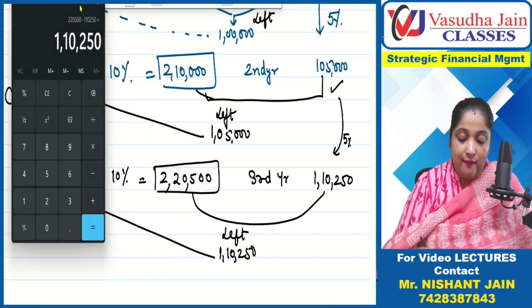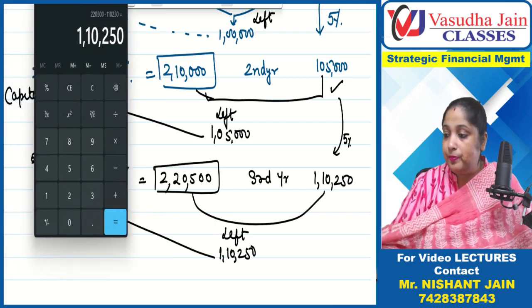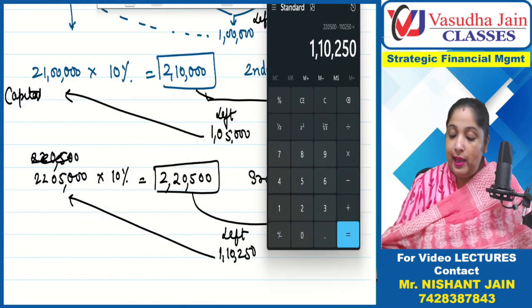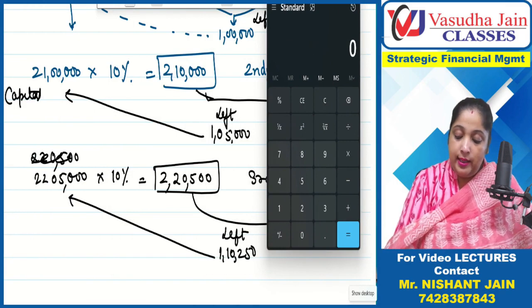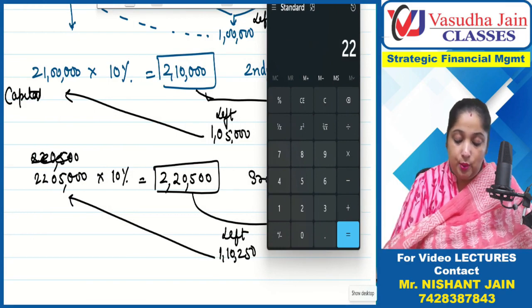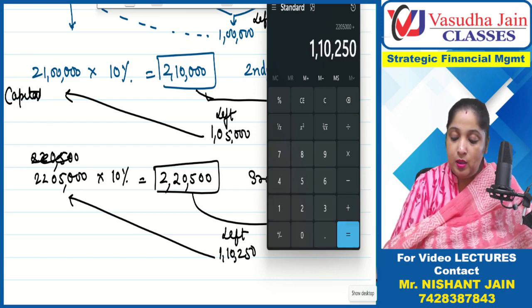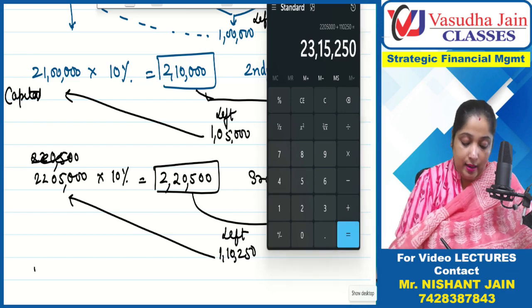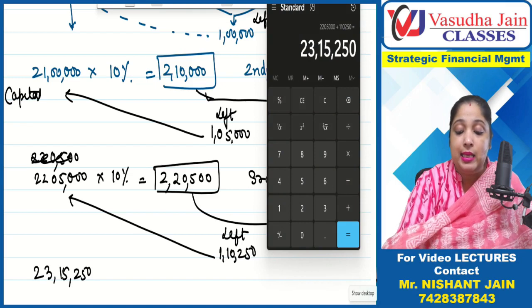Earlier your invested amount was 22 lakh 5,000. Now this increases by 1 lakh 10,250, so now bank has 23 lakh 15,250. This is how capital is increasing.